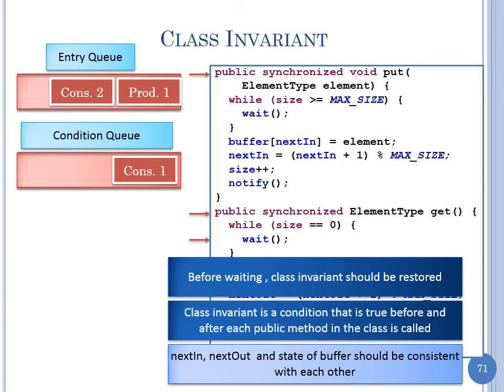After we've added an element, we should increment size and bump up next in, and after we've done a get, we should bump up next out. So we have to make sure that all 3 operations occur or none of these operations occur. That's the class invariant.